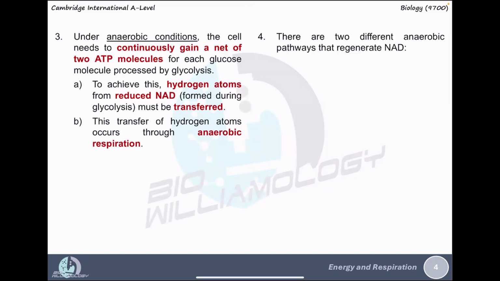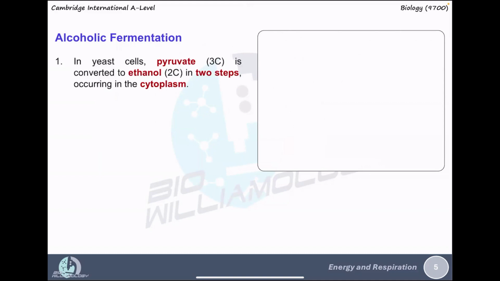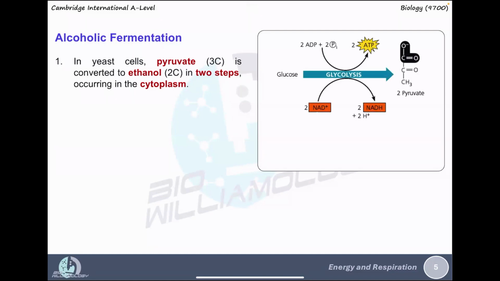So there are two different anaerobic pathways that can help to regenerate NAD: alcoholic fermentation in yeast cells, as well as lactic fermentation in mammalian cells. Let us look at alcoholic fermentation that takes place in the yeast cell. In yeast cells, pyruvate is converted to ethanol in two steps, which occur in the cytoplasm.